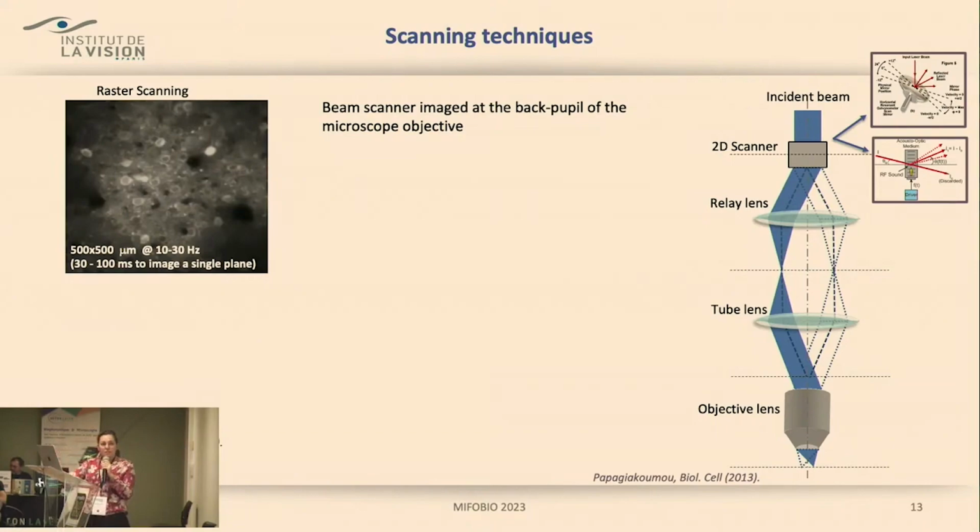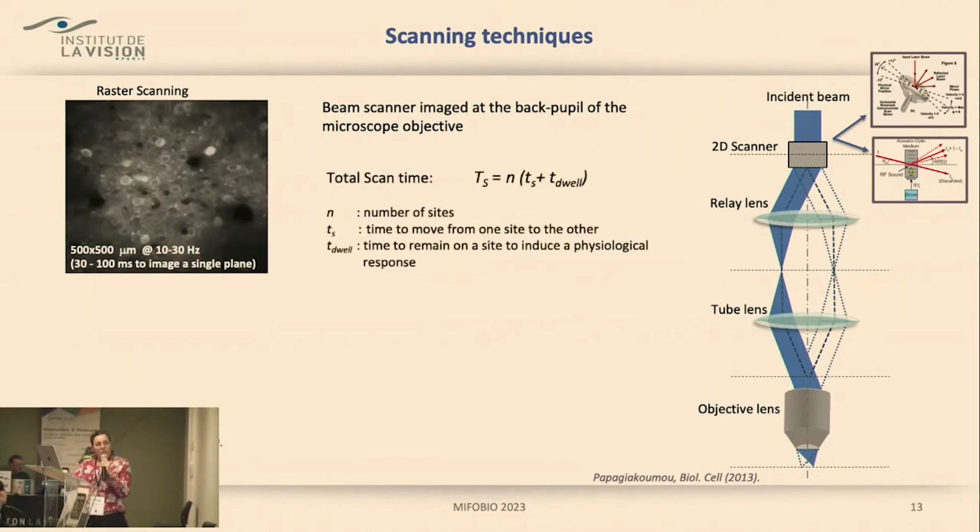Like that, we scan the laser beam at the sample plane, and we can image a whole field of view, or, as I said, we can scan smaller areas, ROIs, in our sample. It depends on the application.